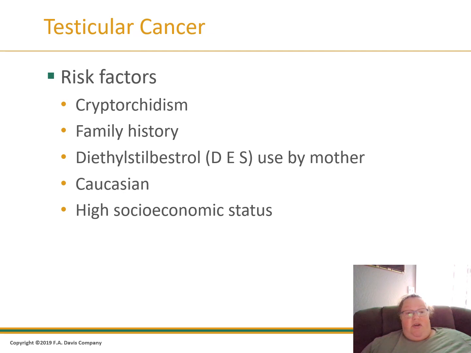It also causes ovarian cancer in girls. Even my mom used DES during pregnancy. But no ovarian cancer, though it has been known to be a risk factor. Being Caucasian also increases your risk for testicular cancer, and high socioeconomic status for some reason.